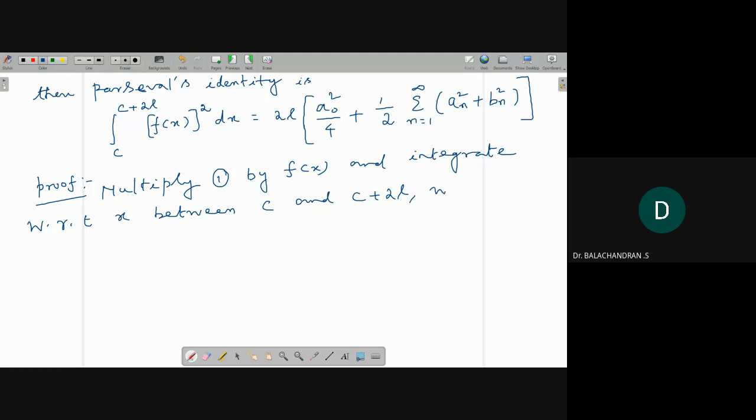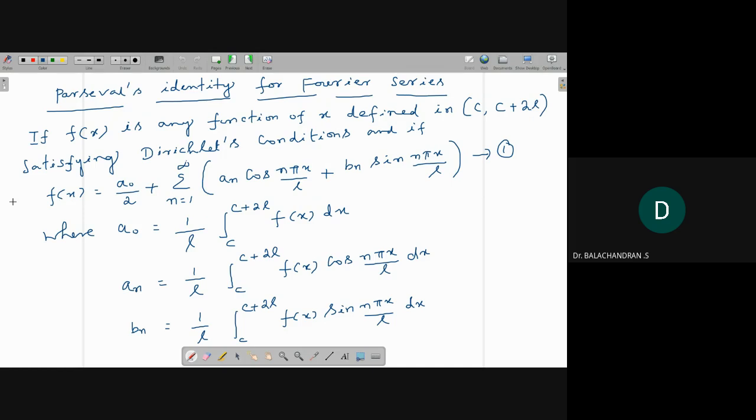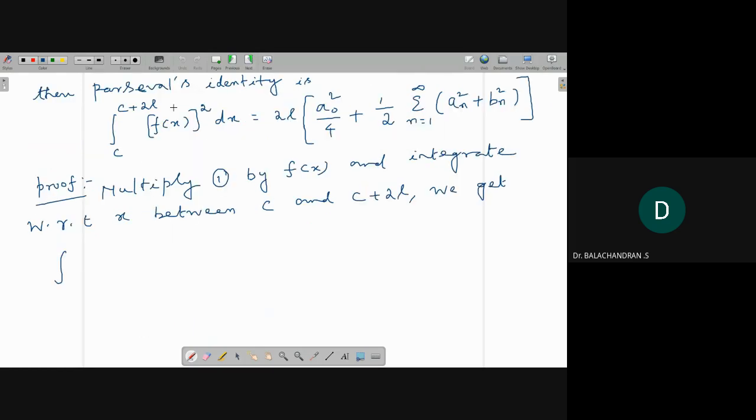So we get, integration, we need to multiply by f of x, so f of x into f of x, f of x whole square, and then you need to integrate from c to c plus 2l. This is the left hand side.